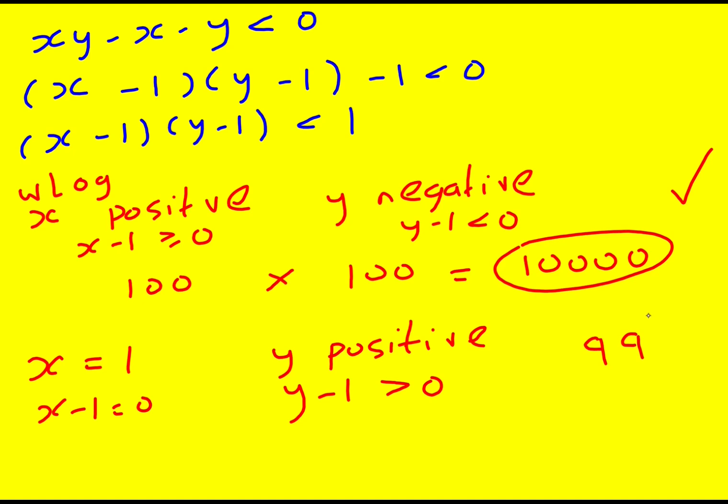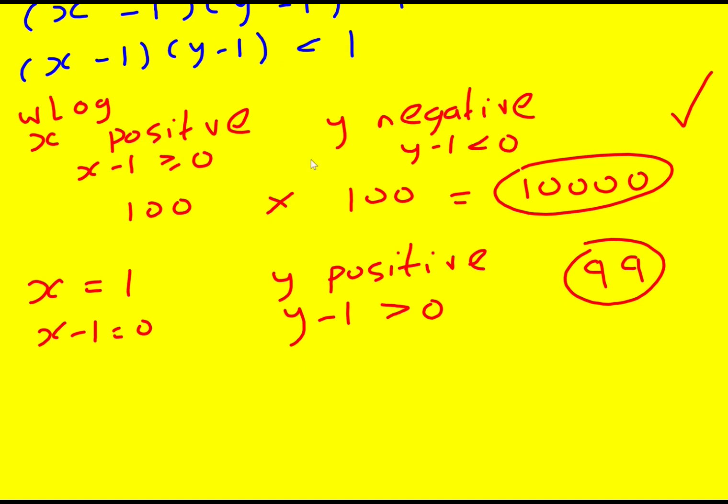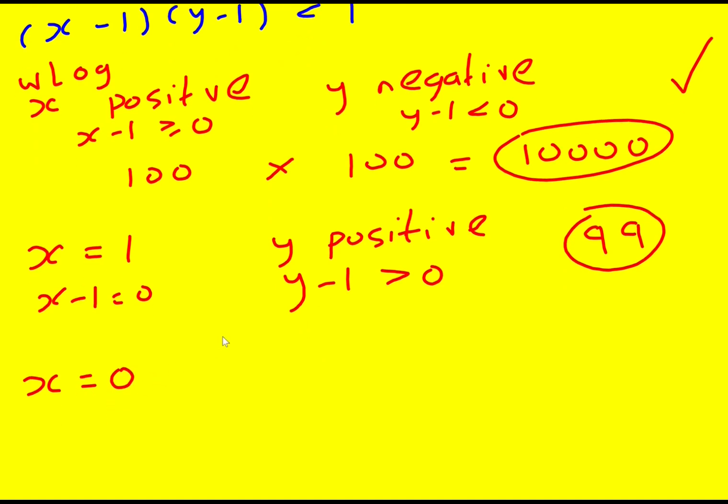Okay, let's keep this as a running total then. Now, we can't have negative and negative because that will always be greater than 1. The only case I've not considered, and I've left this one deliberately, is one of them being 0. So if x is 0, then x minus 1 is going to be equal to minus 1.